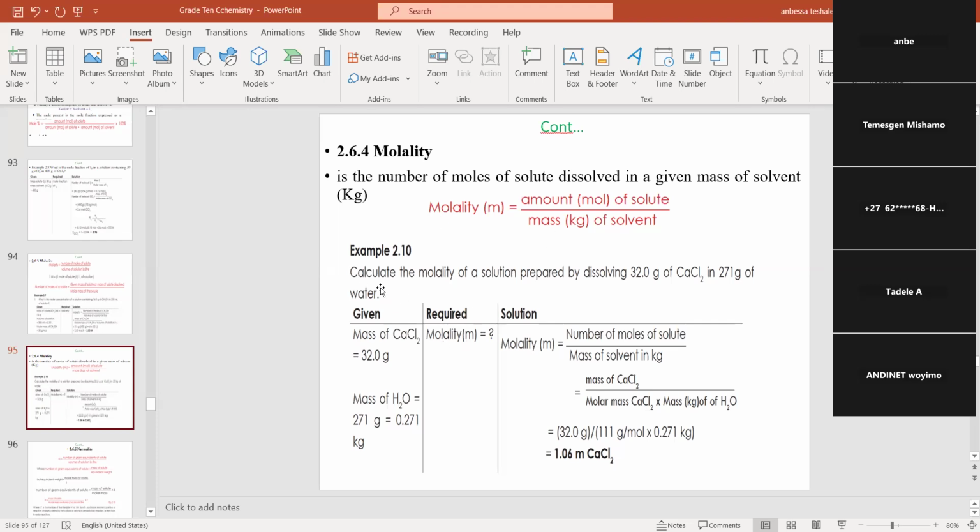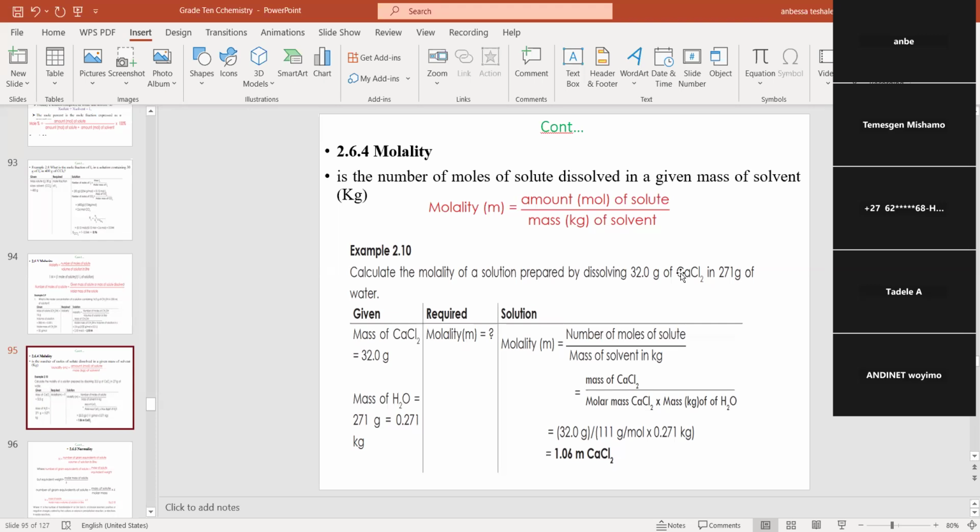So for example, calculate the molality of a solution prepared by dissolving 32 grams of calcium chloride in 271 grams of water. The first thing is 32 grams of calcium chloride must be converted to the mole. As you know, mole is equal to given mass over molecular mass.